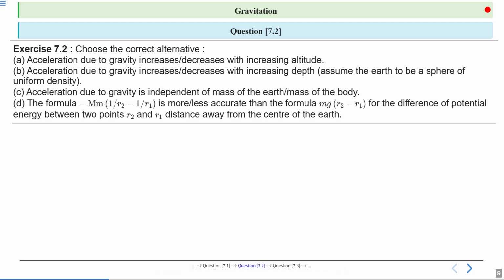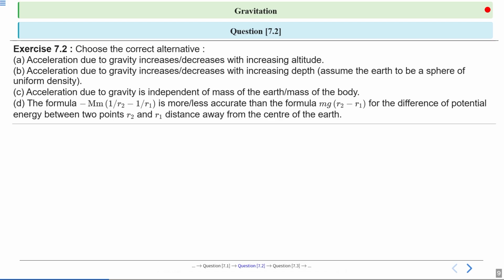Assume the Earth to be a sphere of uniform density. So again here you have to find out whether the acceleration due to gravity increases or decreases with increasing depth. C part: acceleration due to gravity is independent of the mass of the Earth or independent of the mass of the body.